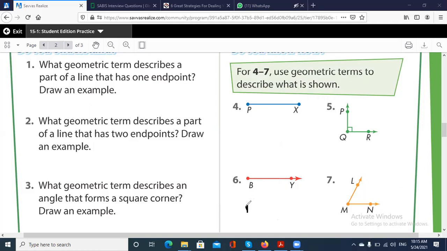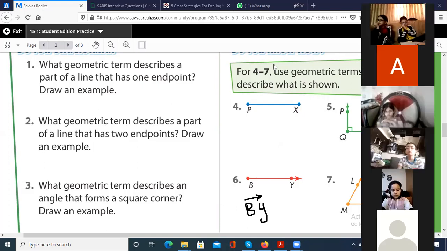I will name it the ray BY, and I will write a small ray symbol above it. You see that? So it's the ray BY. Is there a problem with that?